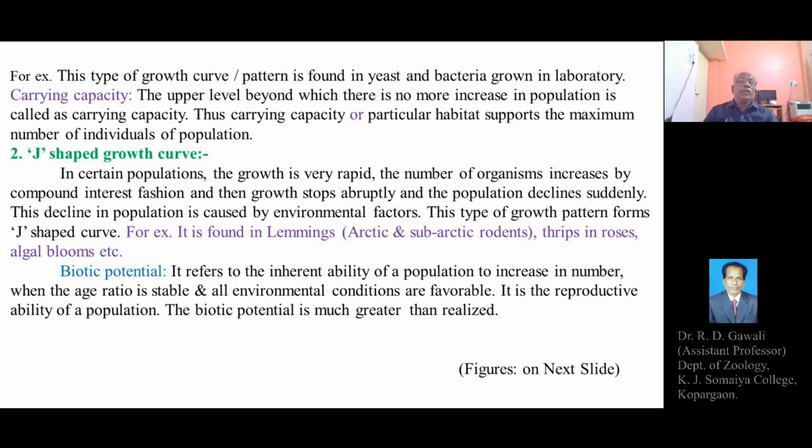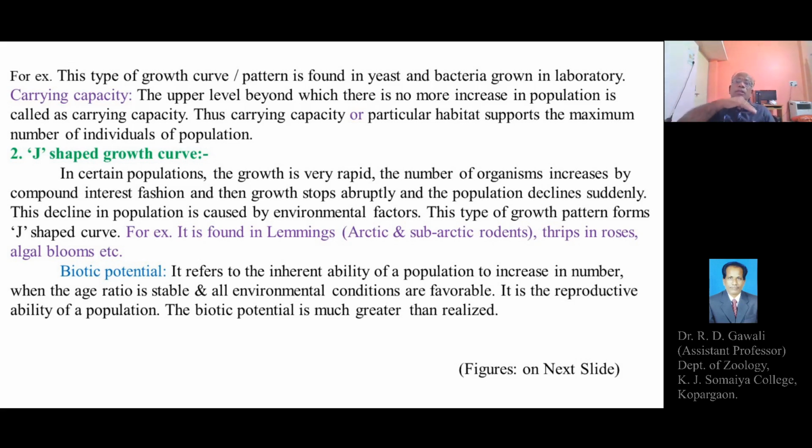For example, it is found in lemmings, that is Arctic and subarctic rodents. So these are the organisms which grow rapidly up to a maximum number, and again, due to the environmental resistance or the environmental factors, the population decreases rapidly.